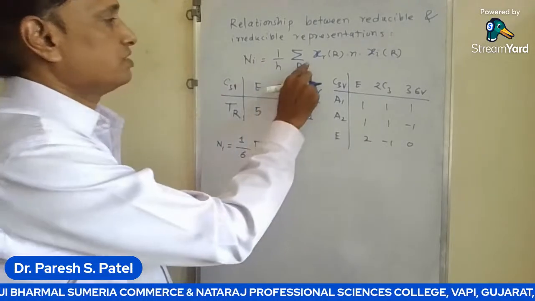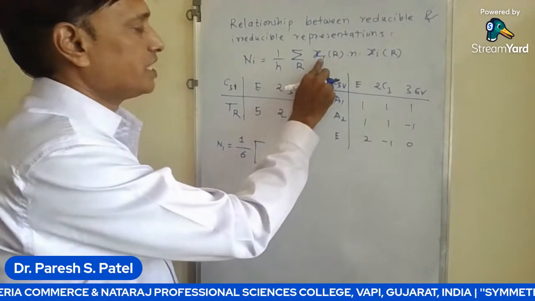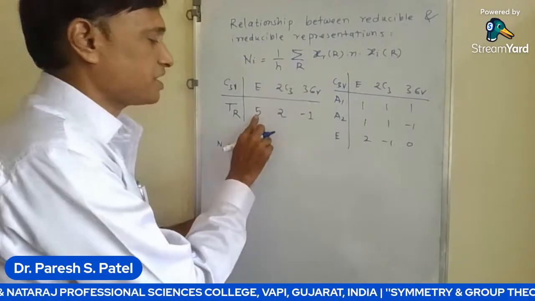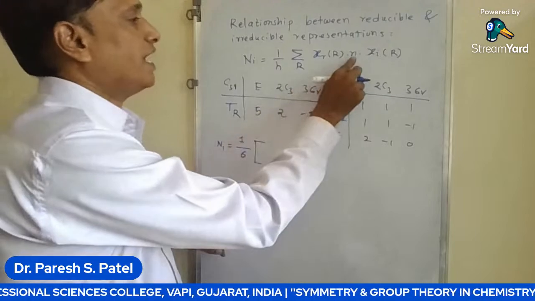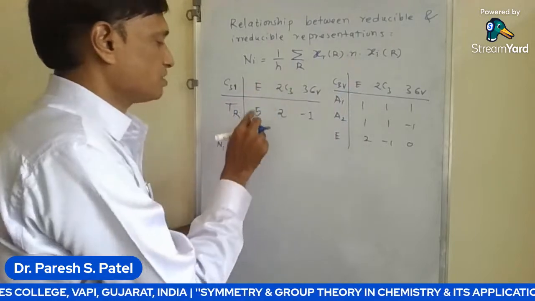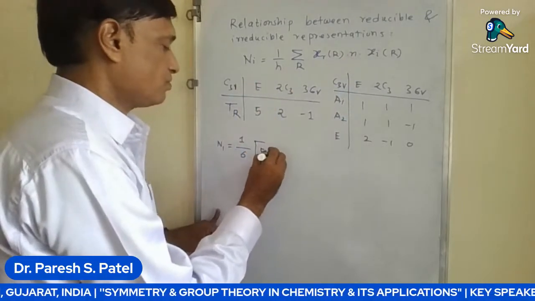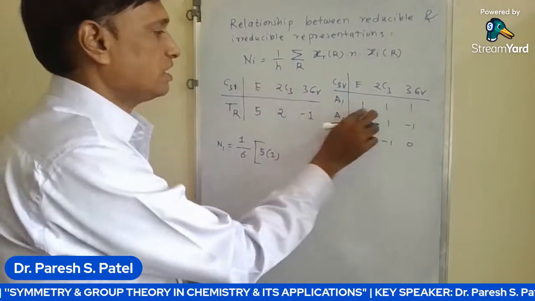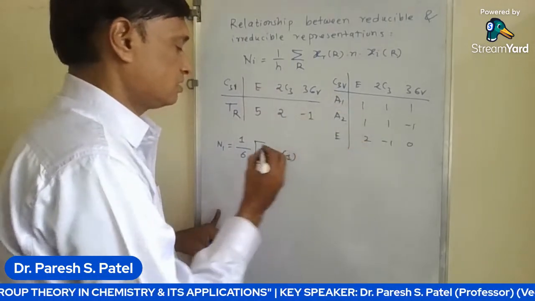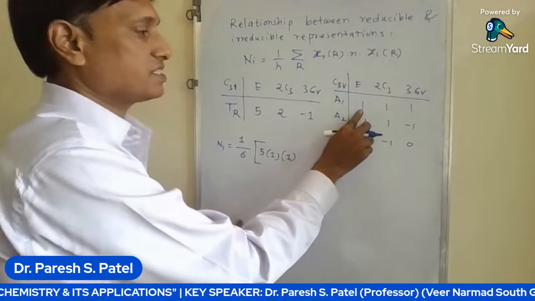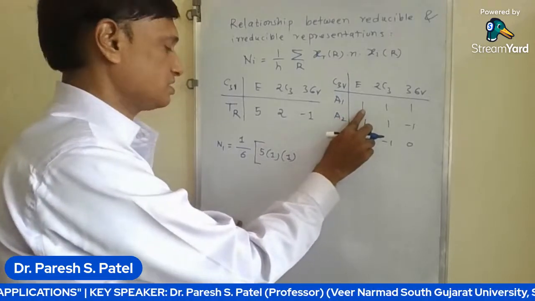Then we have to go for the summation of the character for the reducible representation times the number of times that symmetry operation occurs. It means 5, 1, and 1. This is the character for the irreducible representation.